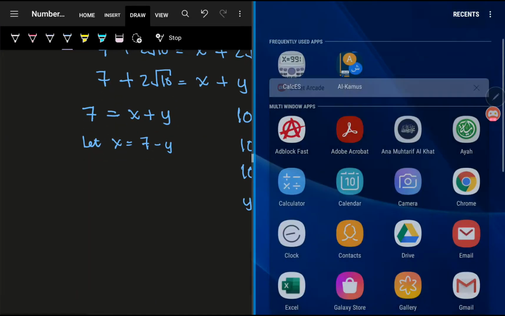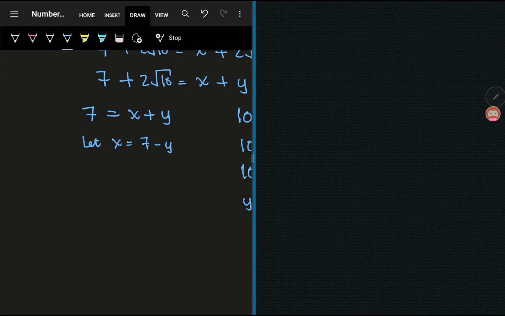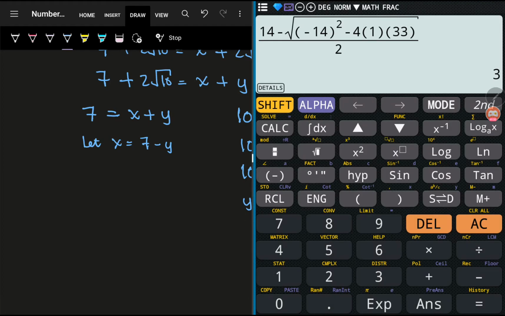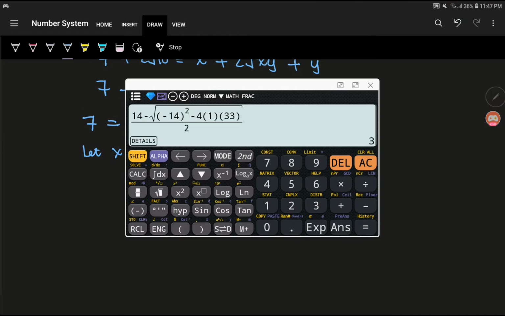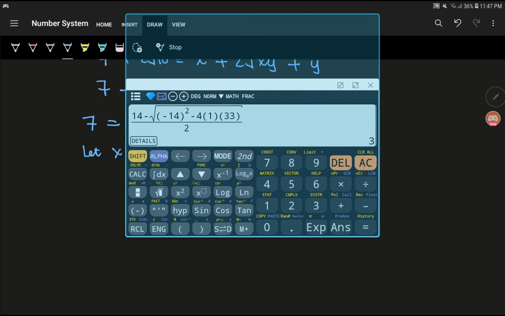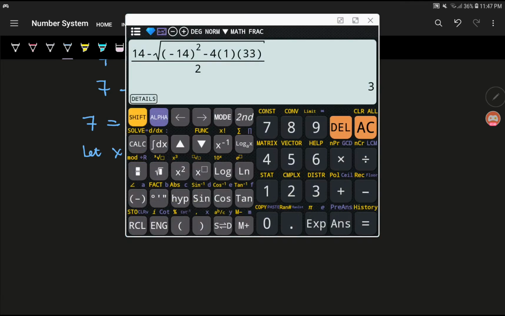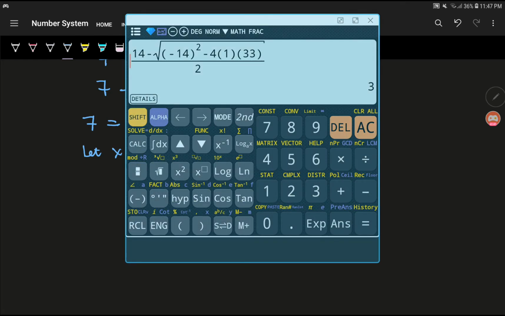Okay, so I use the equation solving mode here.